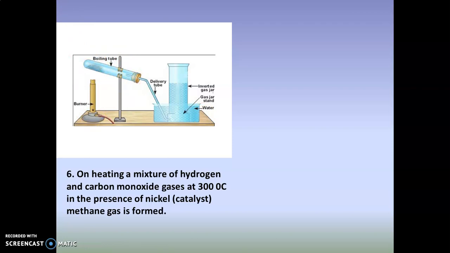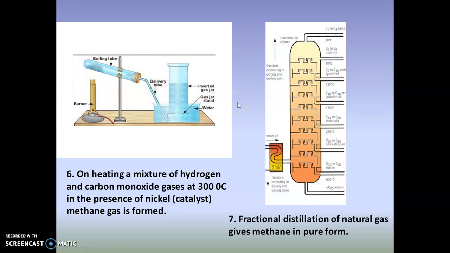This is how we arrange the instrument in practical. 300 is a very high temperature, but just to give you an idea of how it is prepared in the laboratory: a boiling tube where the gases are mixed, and the delivery tube, and then we get the gas. Then fractional distillation of natural gas gives methane in pure form. This is called a fractionating column.